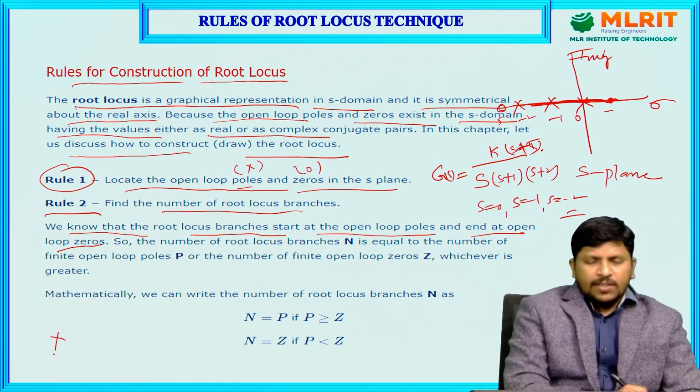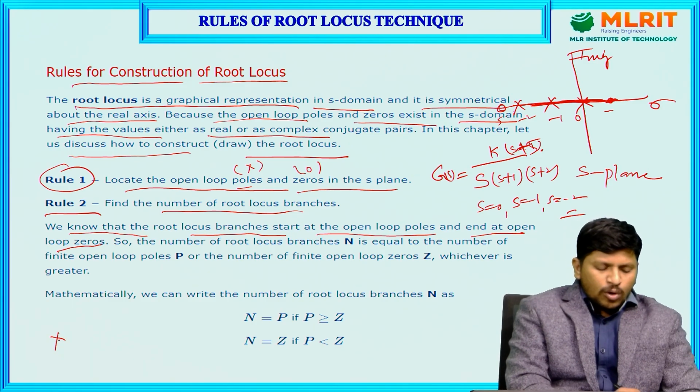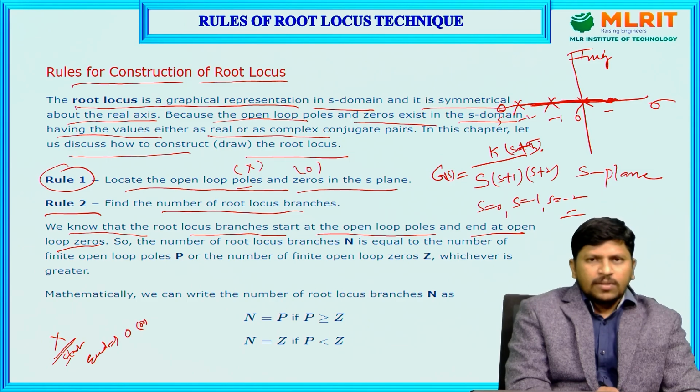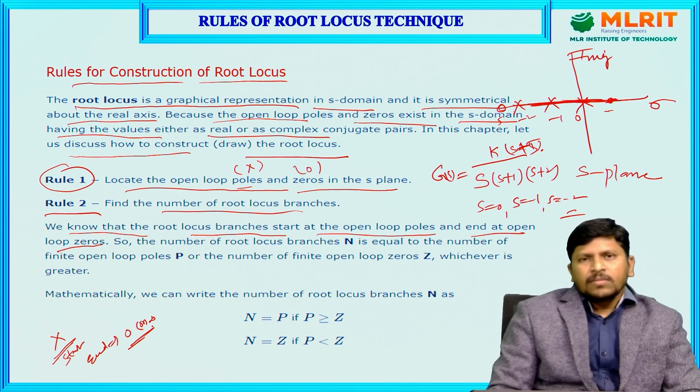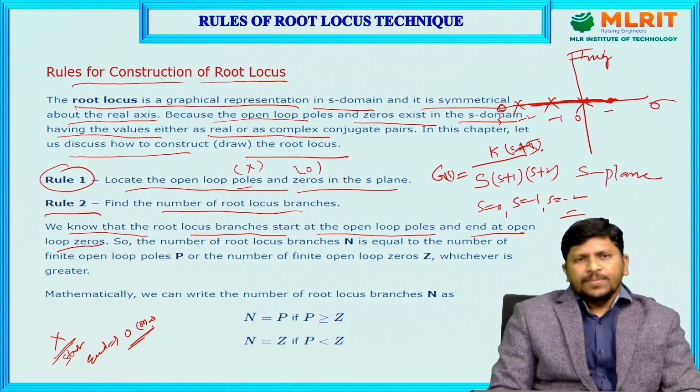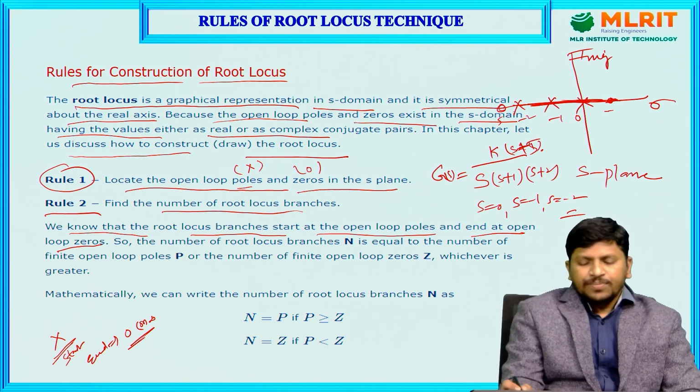Observe this pole representation. The root locus starting point is at a pole only, and the ending point is at a zero or else at infinity.